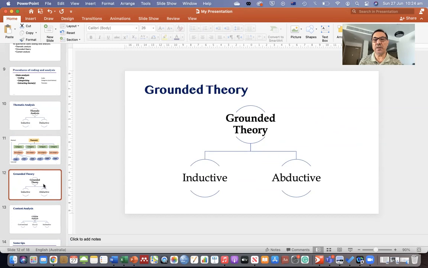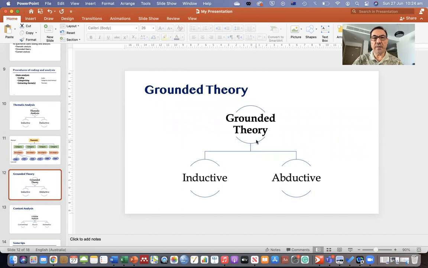In grounded theory, the names that stand out are Glaser, Strauss, and Corbin. These three people are the core names in grounded theory, but also people like Charmaz, as I mentioned, have contributed to the conceptualization of grounded theory.